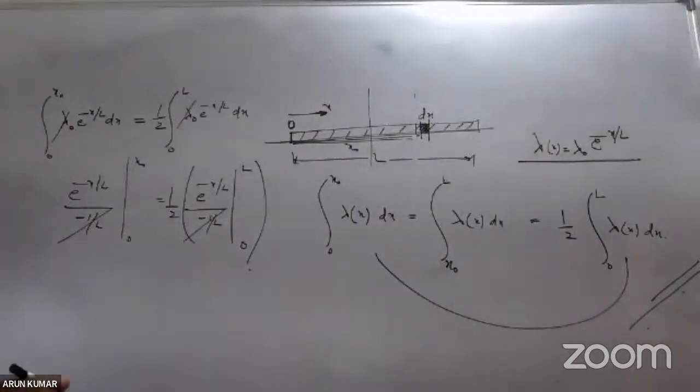Can you further substitute the limits and let me know? Ultimately, I want x naught.